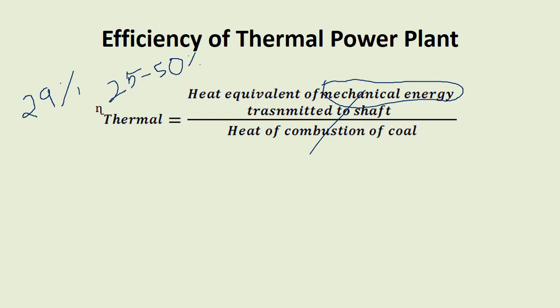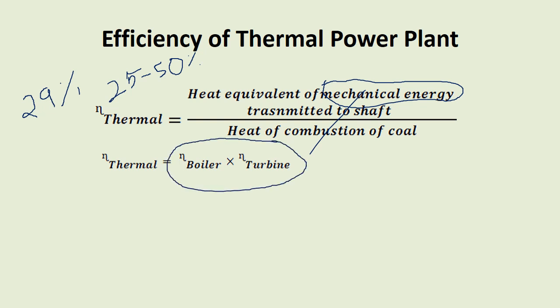The energy of the synchronous alternator is calculated separately, so we are not including that here. The thermal efficiency depends on the efficiency of your boiler and the efficiency of your turbine.